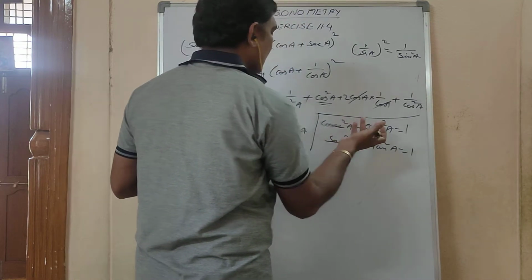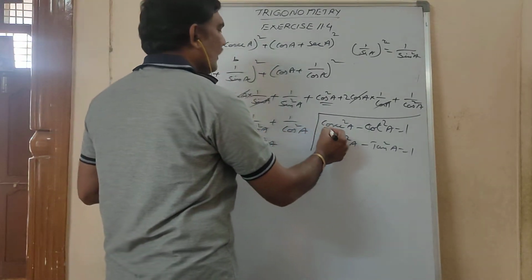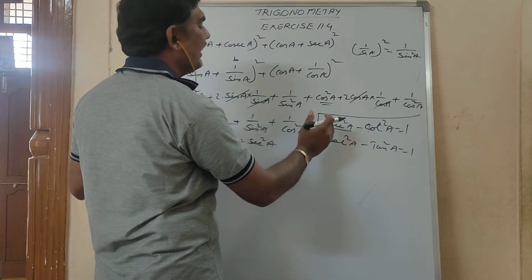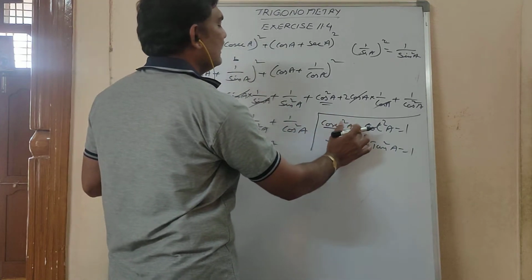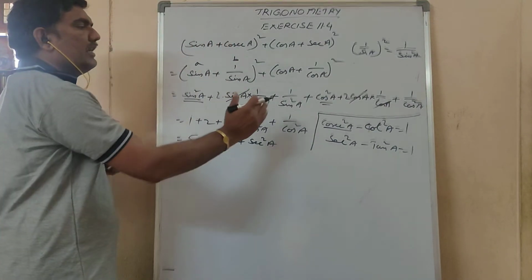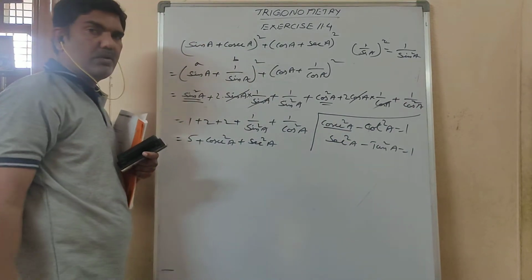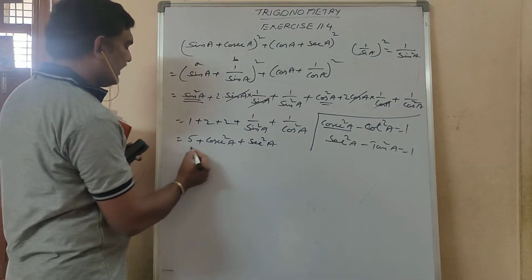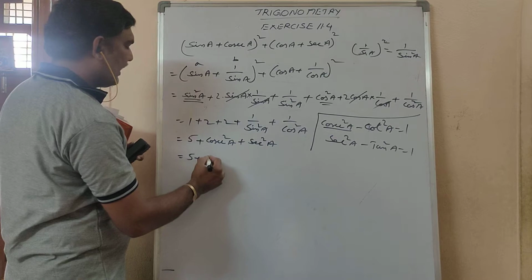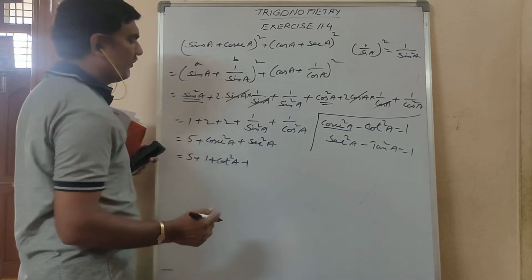Now if I make cosecant square A the subject, this minus cot square A goes to that side. So minus cot square A going to that side means it becomes 1 plus cot square A. So in place of cosecant square A, I can write 1 plus cot square A.